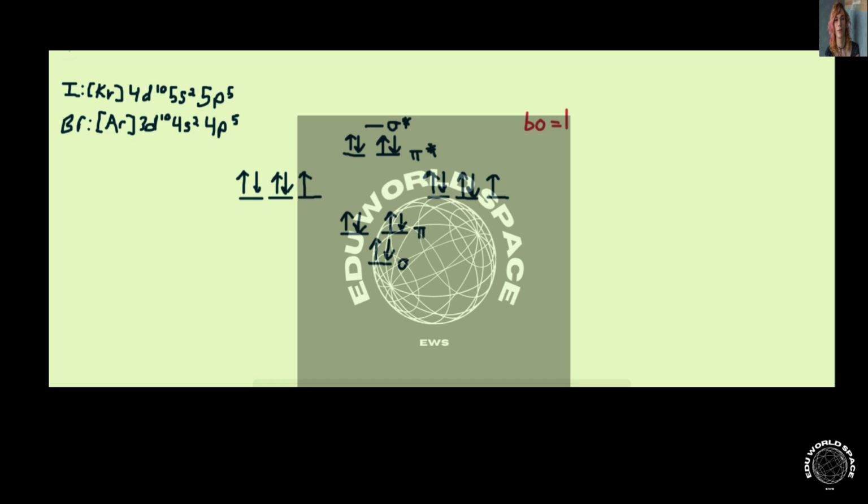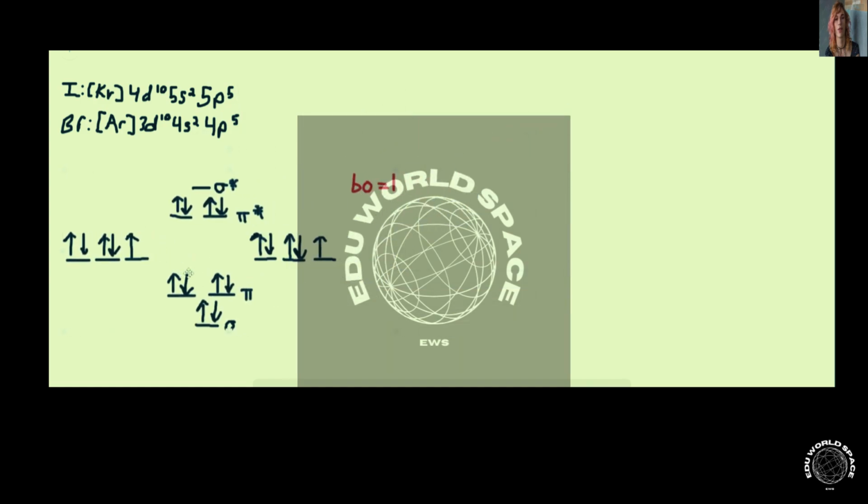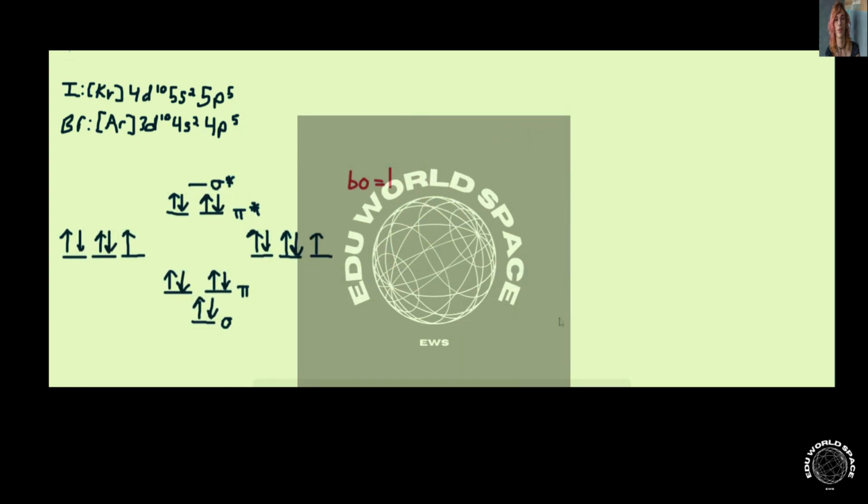Now if you look at this problem in your textbook, you're going to see the valence molecular orbitals of IBr sketched. So let me see if I can draw that.